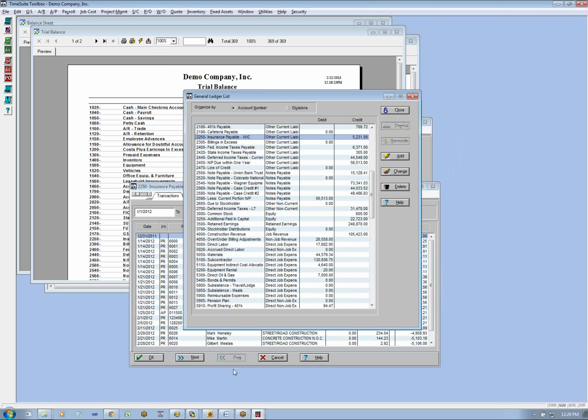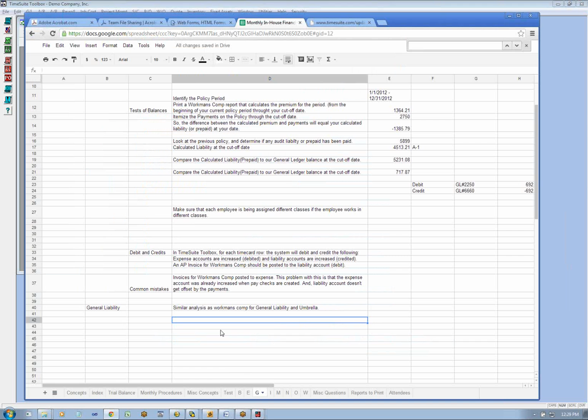Okay, so on your workman's comp policies, or on your general liability insurance policies, you would do some sort of analysis. So like for, let's say, an auto, you would have total premium, months.